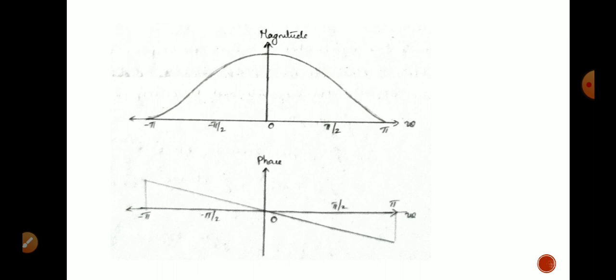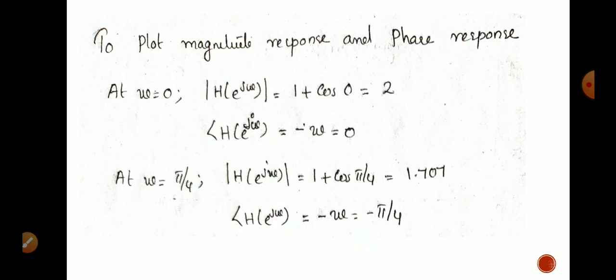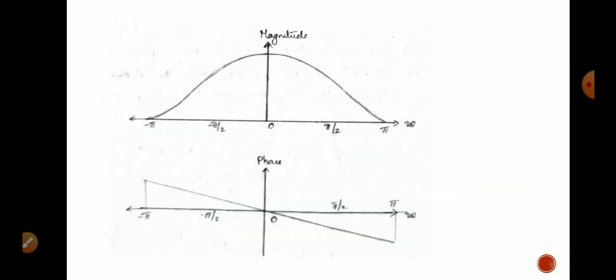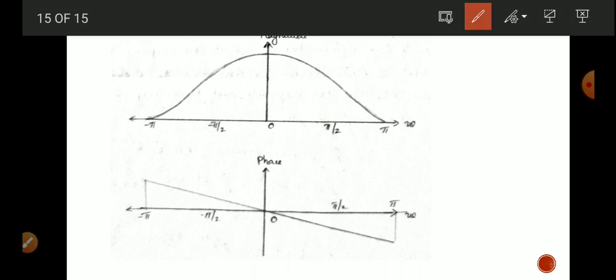Here to plot the magnitude response, we are plotting omega on the x-axis and magnitude on the y-axis. At omega equal to 0, we get the magnitude as 2, so the highest point is 2.